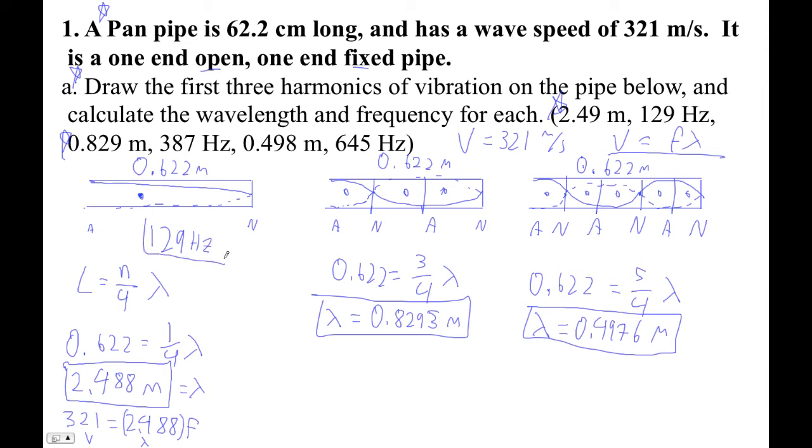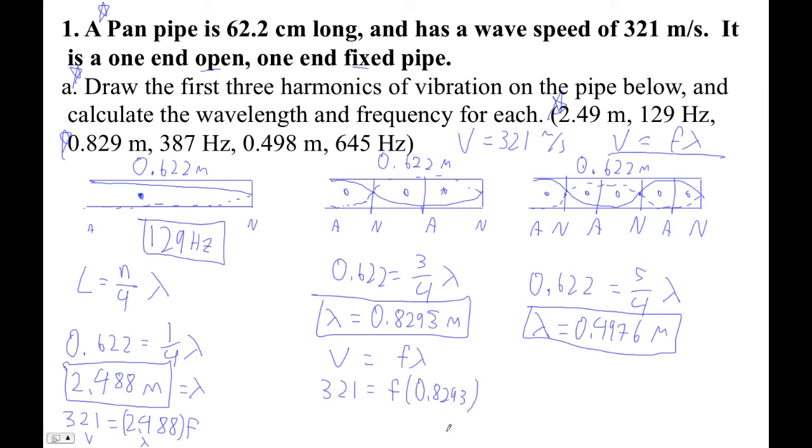Now at this point, if you recall that this one is 3 times and that one is 5 times the fundamental, you can just bust that out. Let's suppose you forget, we can just use v = fλ, same thing we did here. So 321 is equal to some frequency times 0.8293.